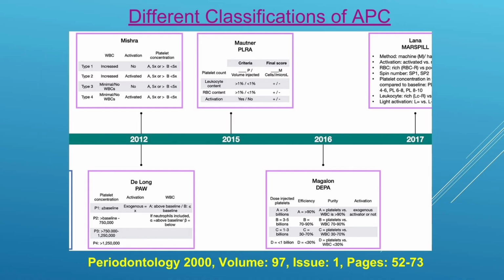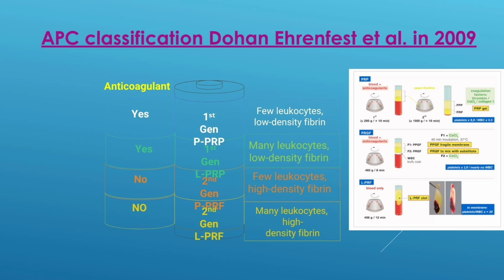Various authors have given different classifications of autologous platelet concentrates. Amongst them, one of the most commonly used is the one given by Dohan. In this, Dohan classifies APCs into four classes. They are PPRP, that is pure platelet-rich plasma.